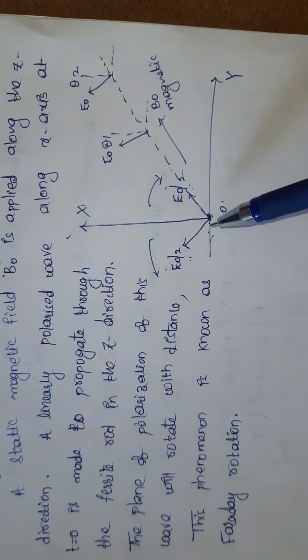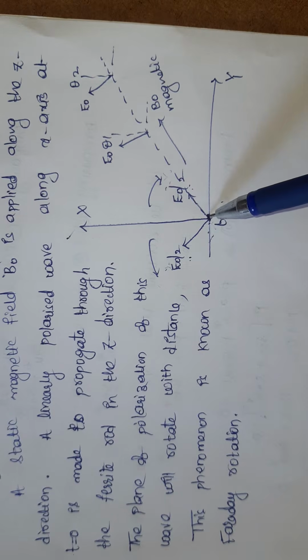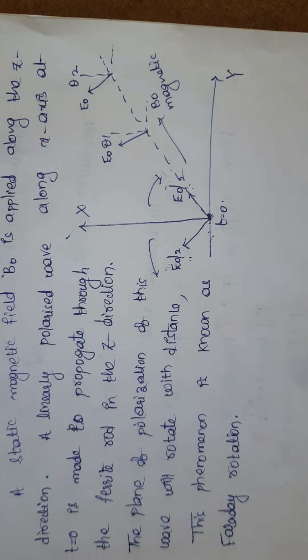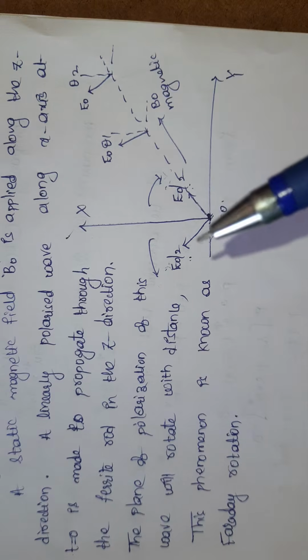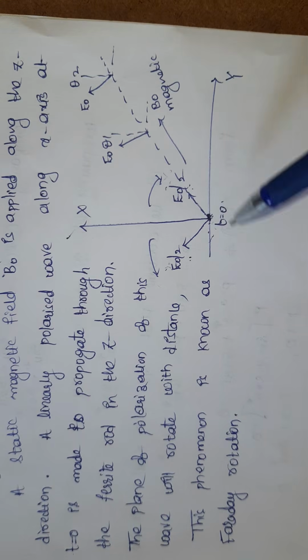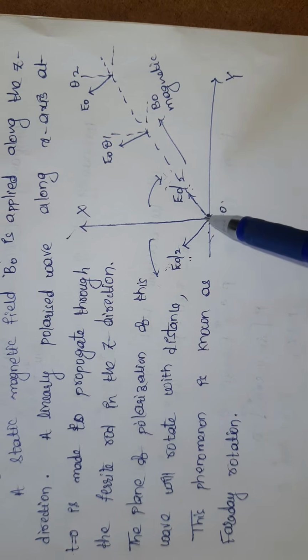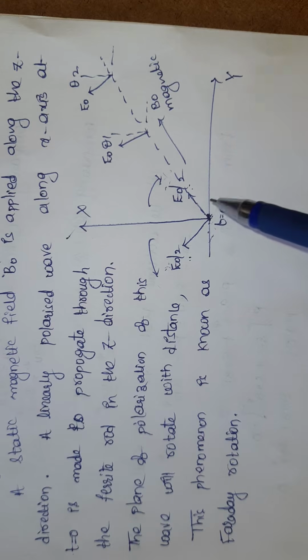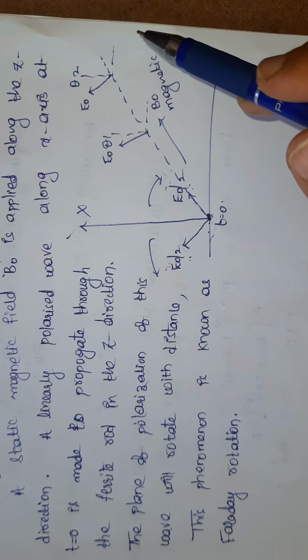Initially the wave is here. After some time the wave is moving in the upside direction. Then because of this ferrite rod, the plane of polarization or the phase will change.